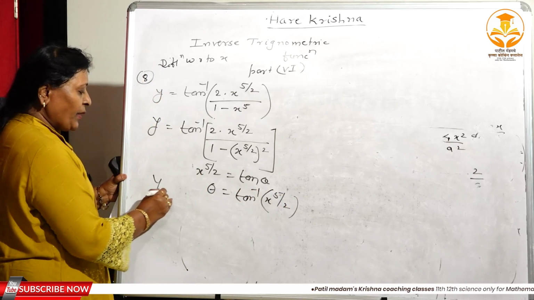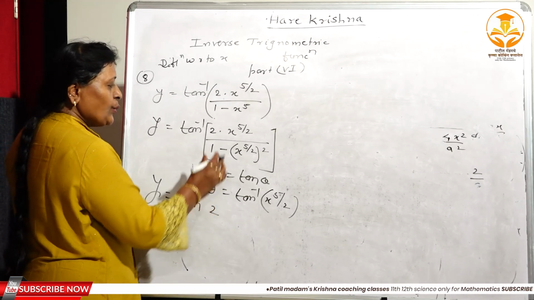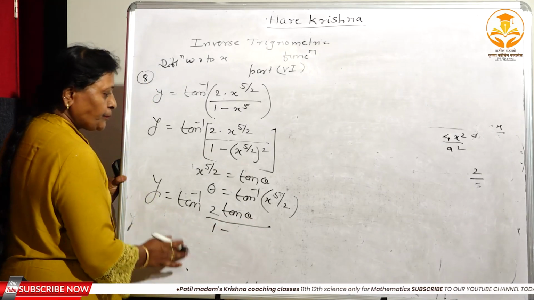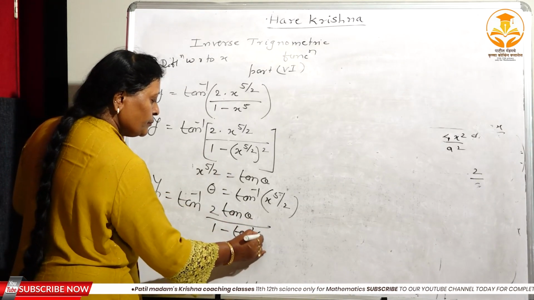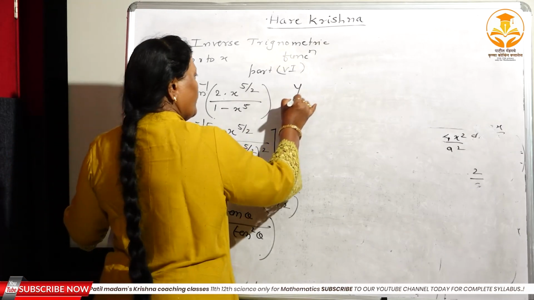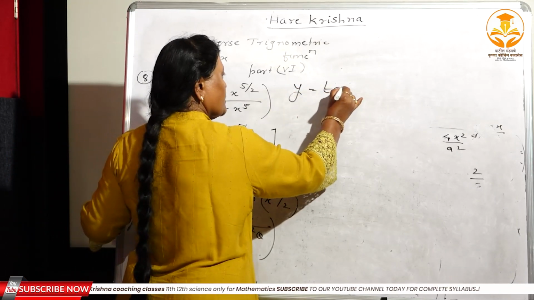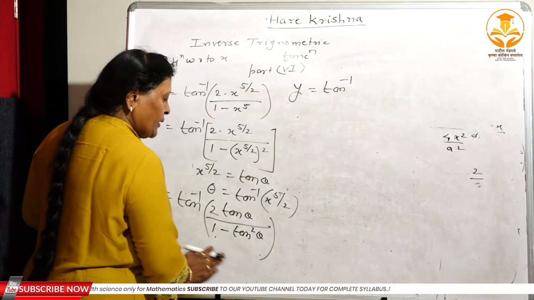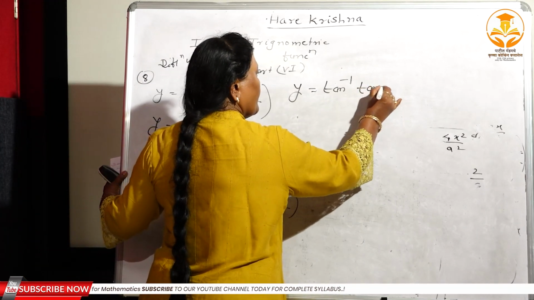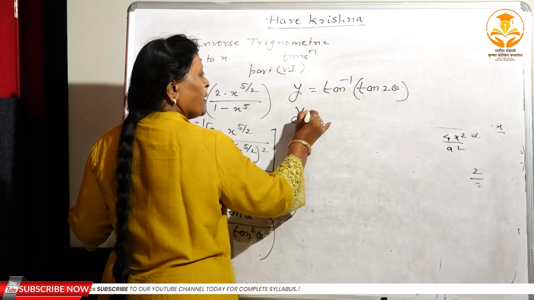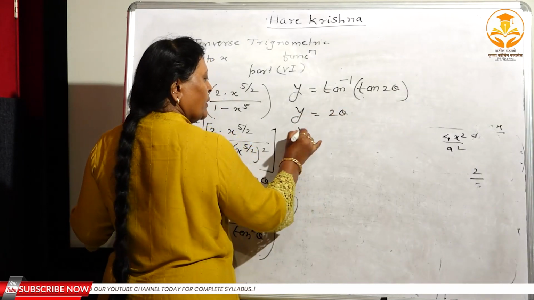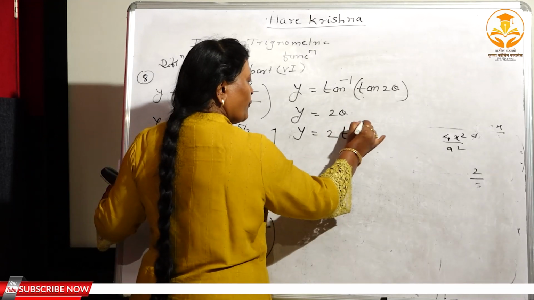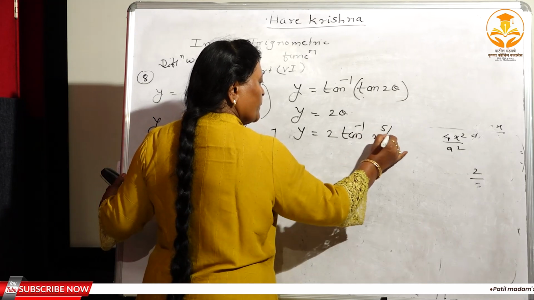Now if you substitute, y is equal to tan inverse, 2 tan theta divided by 1 minus tan square theta. This is the formula of tan 2 theta. Tan inverse tan gets cancelled. What is y? y is equal to 2 theta, and theta is nothing but tan inverse of x to the power 5 by 2, right?